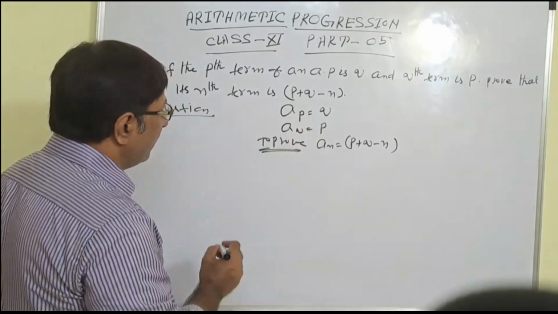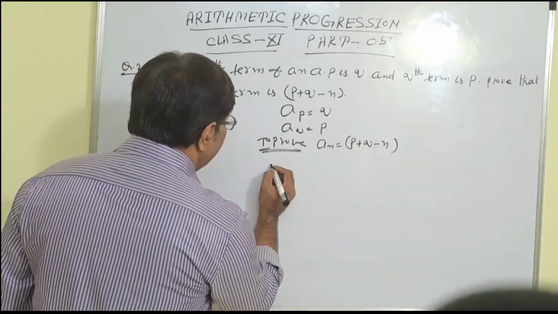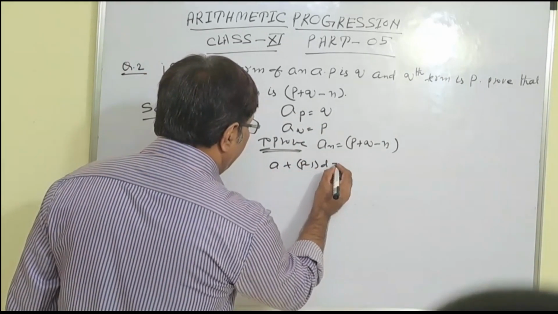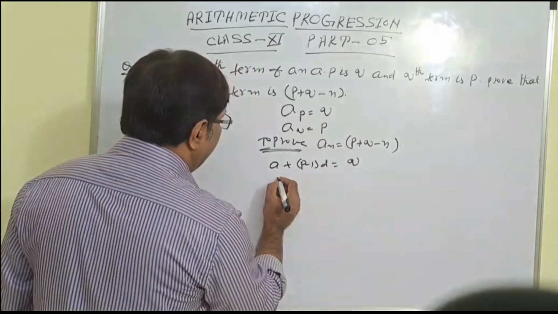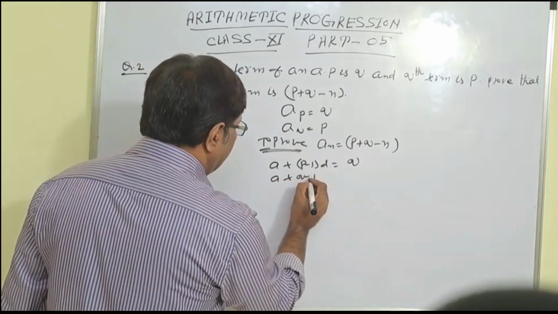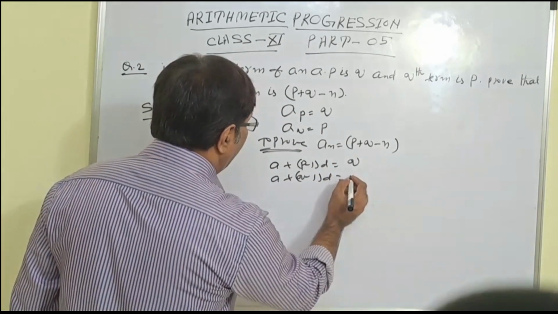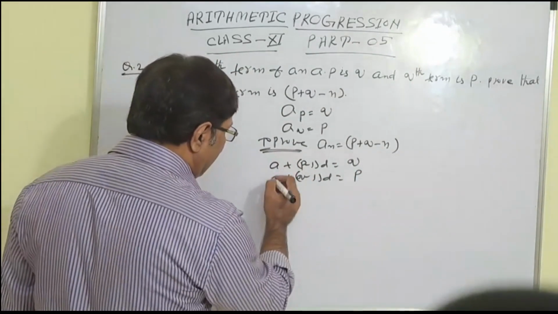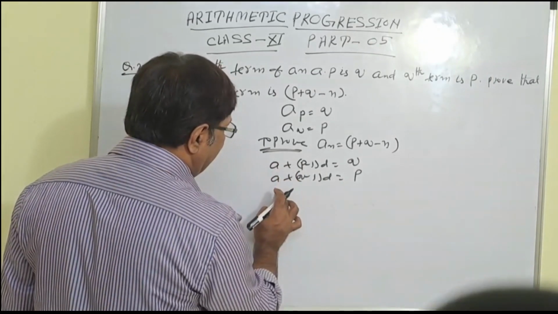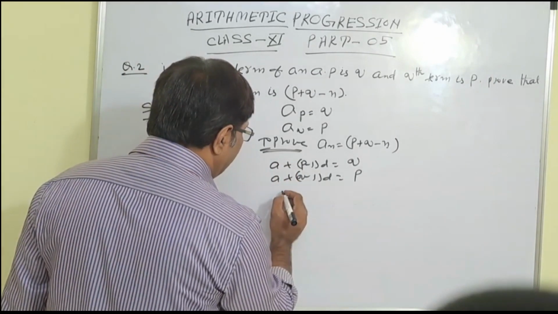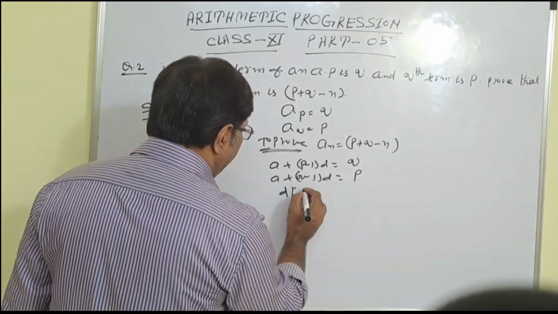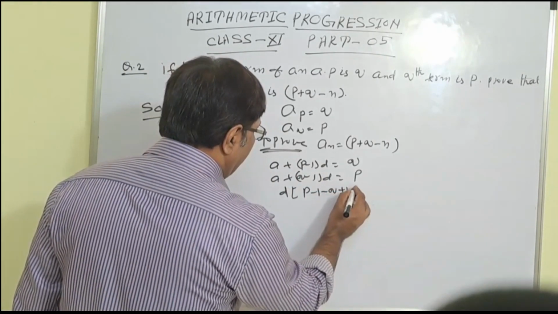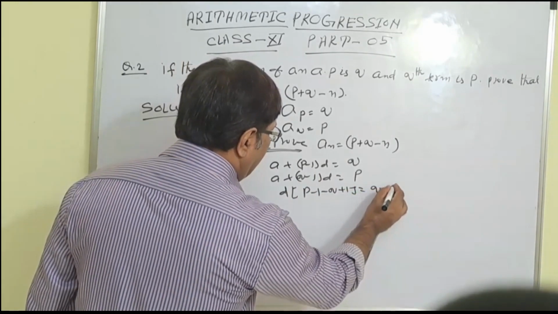First it is given the pth term is q and the qth term is p. So from this you see that a plus p minus 1 d equal to q, and here a plus q minus 1 d equal to p. When we subtract this equation, a minus a is 0. So we will get d common, p minus 1 minus q plus 1, and this equals q minus p.